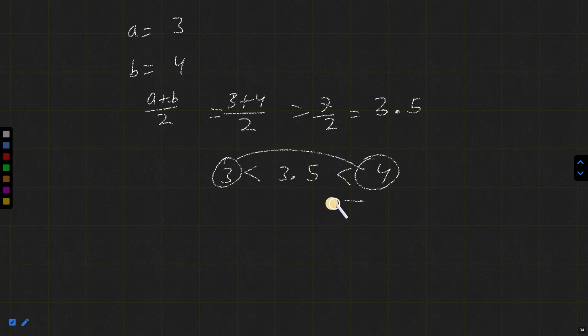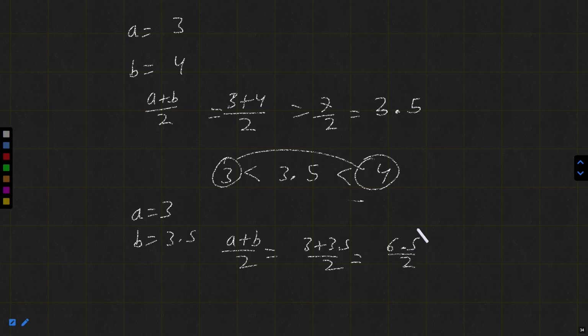How? Now let's see, our a is 3 and b is 3.5. So I can find the number (a+b)/2, which is (3+3.5)/2, which is 6.5/2, and this number must be less than 3.5 but greater than 3.